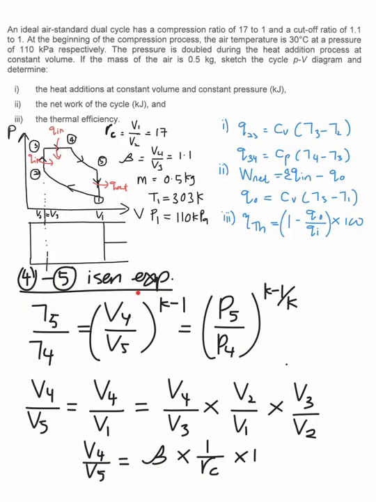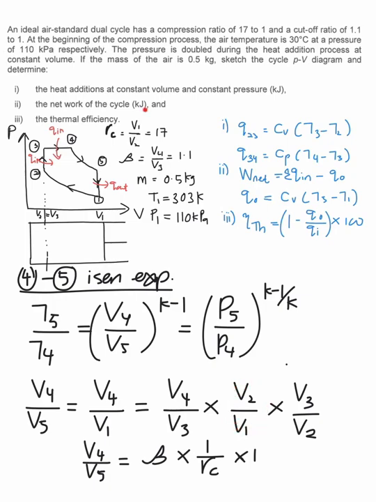Alright, so let's have a look at this volume ratio first. You have V4 over V5, and V5 is actually equal to your V1 over here. That's why you have V4 over V1 here. In order for you to get your V4, it can be obtained from this V4 over V3. And to get your V1, it can be obtained from this relation of your RC.